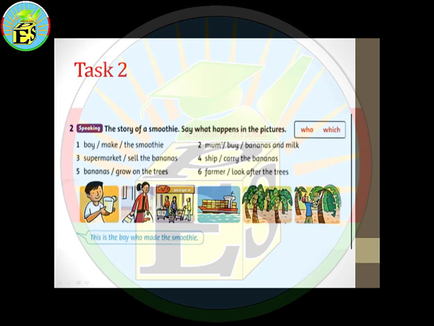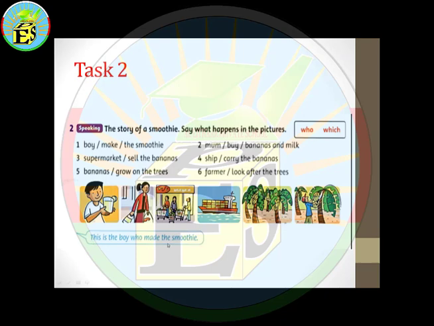We have to say what happens in the pictures, and here we have 6 examples from 1 to 6. We have different words and we have to form these words as full sentences using the relative pronouns who and which. The first example or the first picture is done for us.